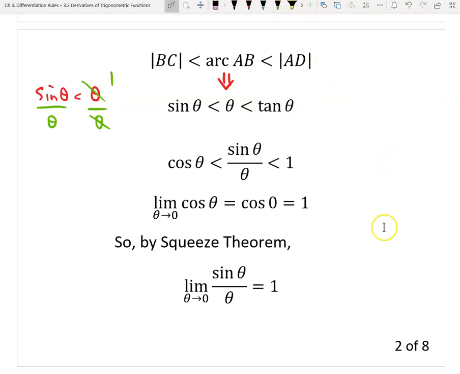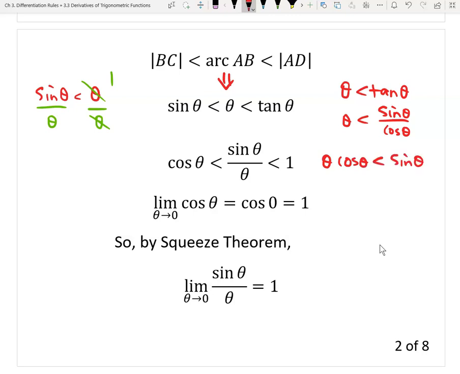Let me write on the right side. So this time, first, we have theta less than tangent theta. Tangent is sin theta over cosine, right? And we're talking about theta greater than 0, so cosine is a positive number. Multiply cosine on both sides. We have theta times cosine theta less than sin theta.